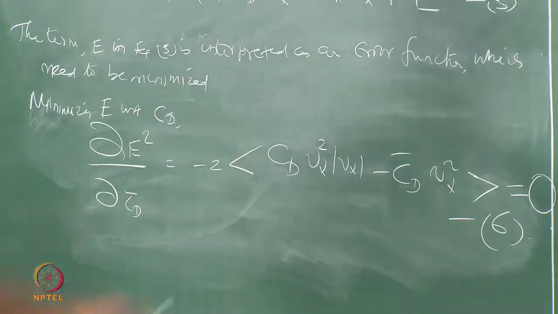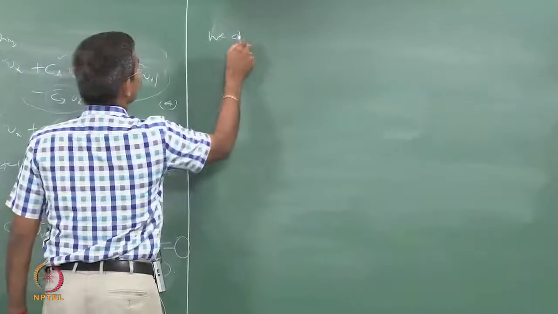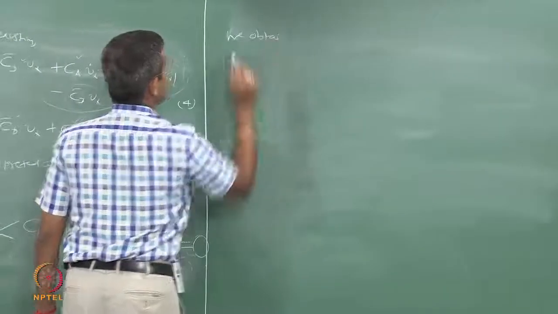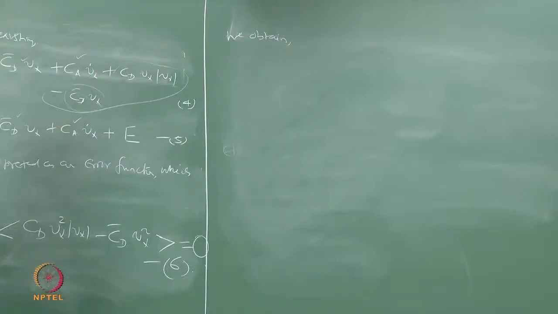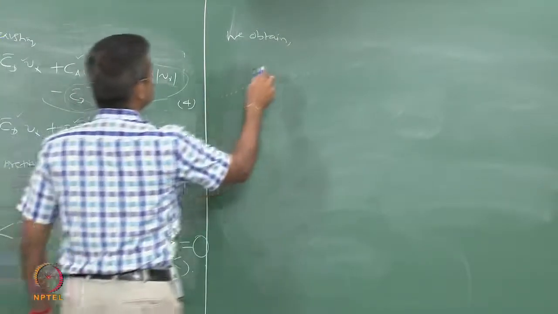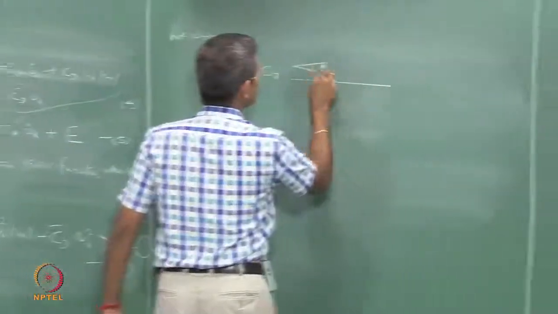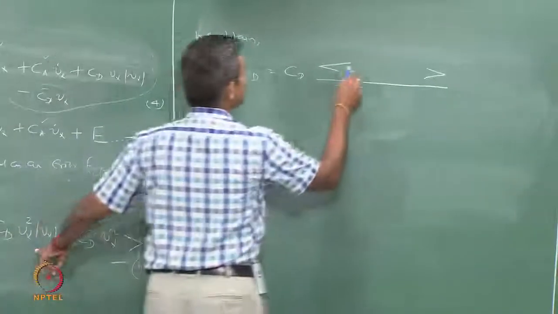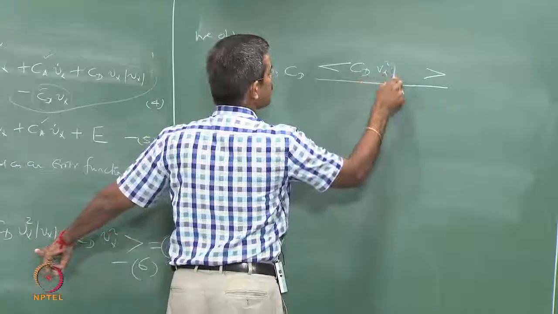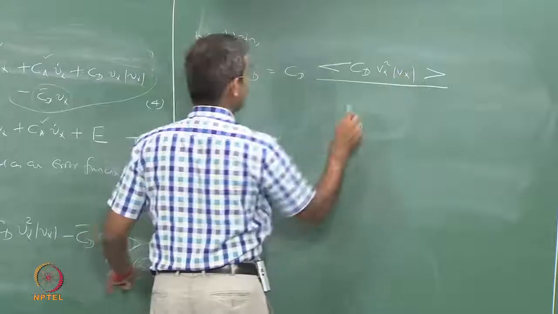We obtain CD bar as CD of time weighted average of CD Vx square Vx by Vx.